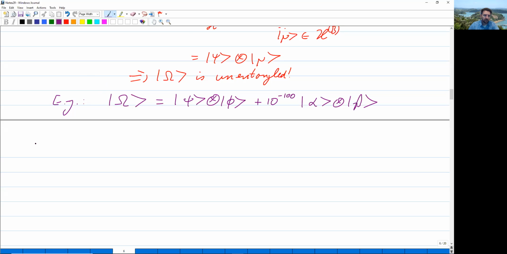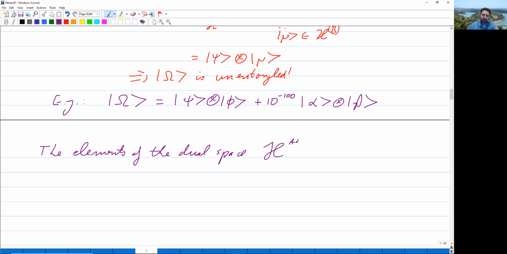So in particular, the elements of the dual space HAB dual are, well, there are two kinds.